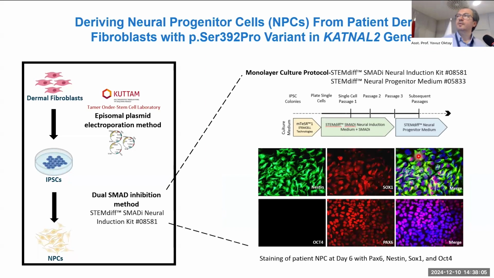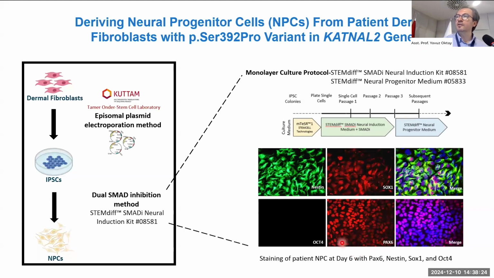And next step, you need to confirm that they are really neural progenitor cells or neurons, whatever you like to do. But here we converted them into neural progenitor cells and confirmed certain markers like nestin, SOX1, PAX6.